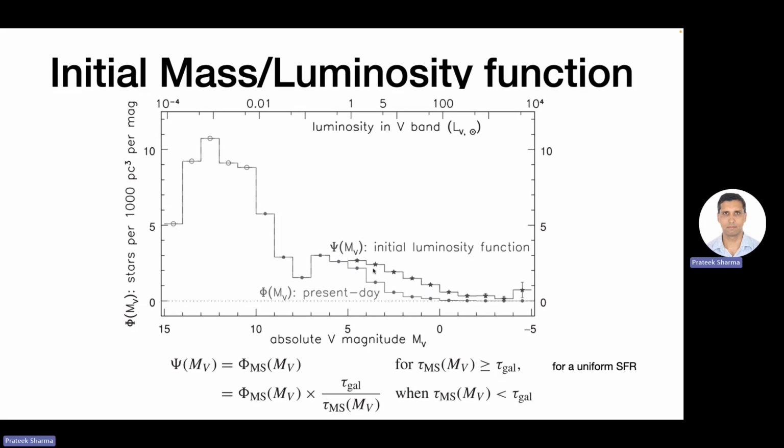So here you don't have two lines. Here you have two lines. If your main sequence lifetime is less than the age of your stellar population, then the initial mass function is bigger than the present day mass function by this factor. And this factor is nothing but the time since the starburst divided by the main sequence lifetime. Okay, so all these guys are bumped up, right? And the more right you go, the larger the bump up is, because they have even shorter main sequence lifetimes.